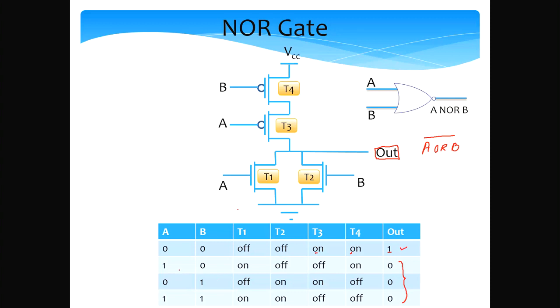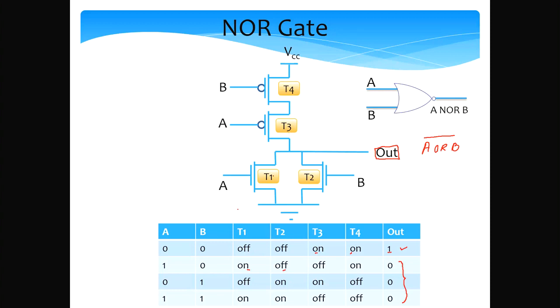Now let's consider the next situation where A is 1 and B is 0. If A is 1, the transistor T1 will conduct, so it is on. Since B is 0, T2 will be off. Similarly, let's take a look at T3 and T4. Since A is a logical 1, a high voltage, T3 is turned off. And T4 will be turned on, but it doesn't matter, because when transistors are connected in series, if one of them is off, the entire line is off.